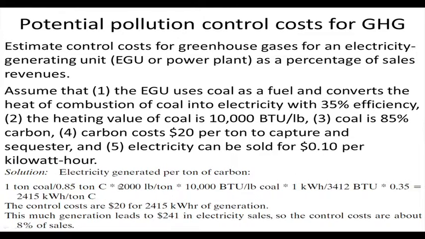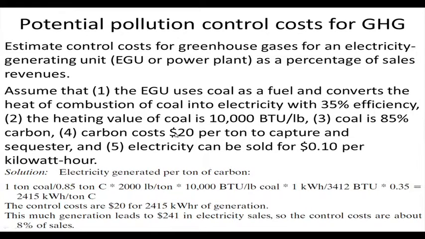This ton is the British ton used in the US, so it's 2,000 pounds per ton. Then we know BTU per pound for coal, and the conversion of BTU to kilowatt hour, then 35% efficiency. So per ton of carbon, we get 2,415 kilowatt hours.